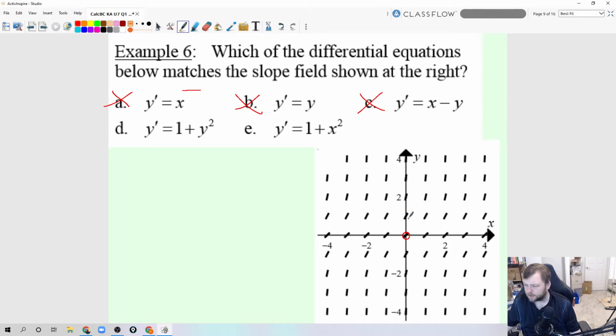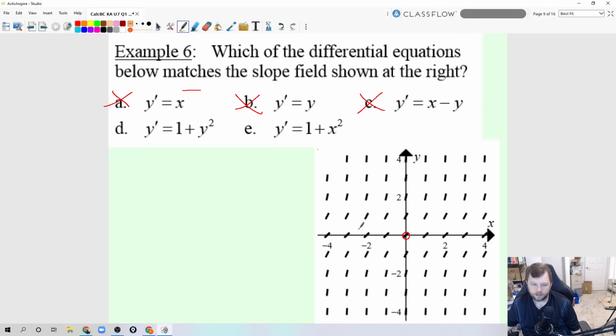But it could be tough. One other thing you can look at, so you can keep trying more points until you find one that eliminates one of these. One thing I might notice is that everything in a horizontal line is the same slope. See that? Everything in the same row is the same slope.